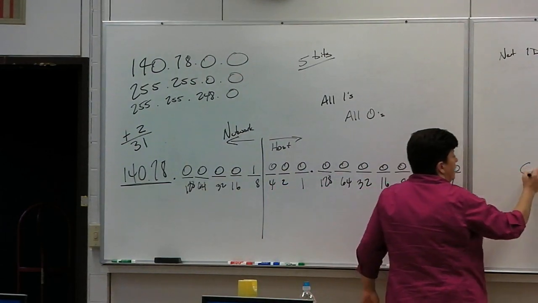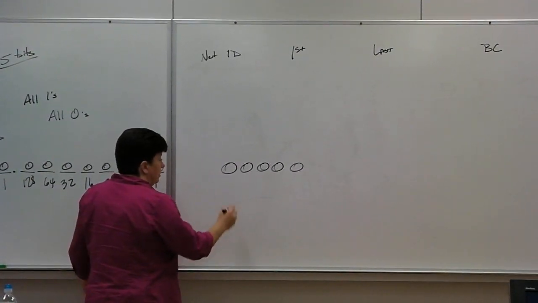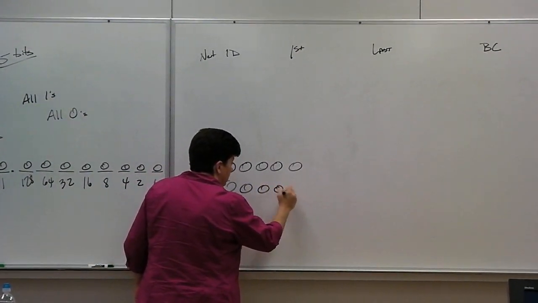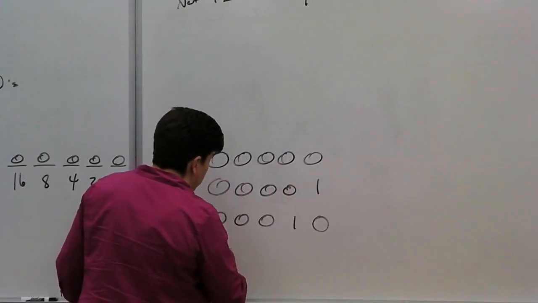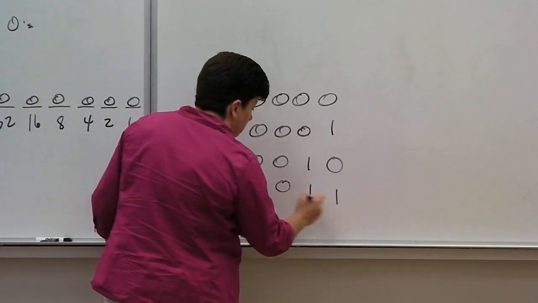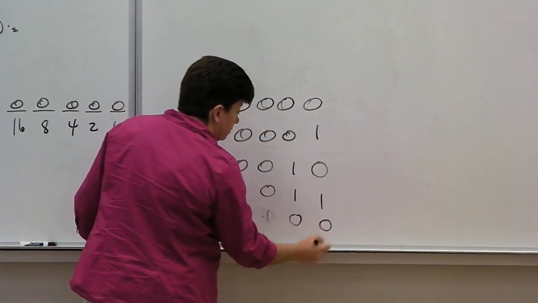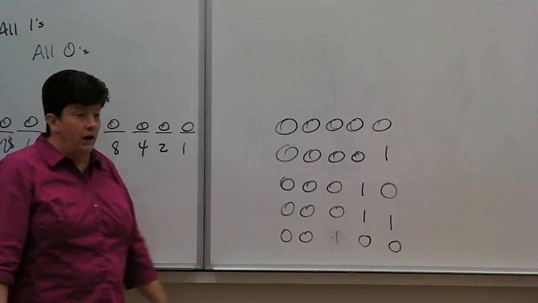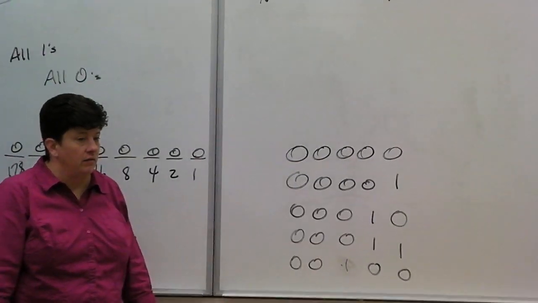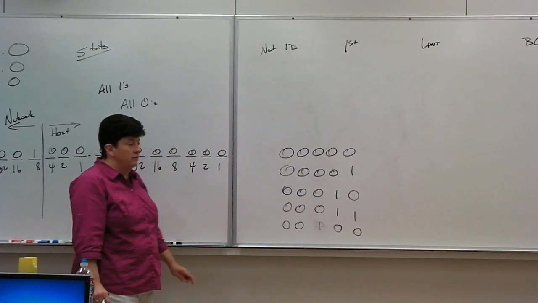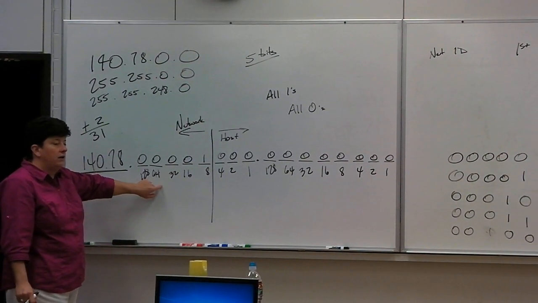If I said I want you to start with 5 bits and count up in binary, I'm going to write the number 1, write the number 2, 3, 4, on up to 31, because you told me that's the biggest number we could write there, okay? Right? Yes, no, maybe?